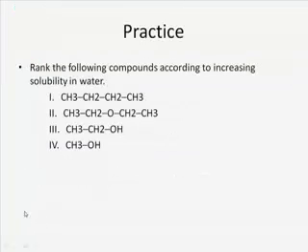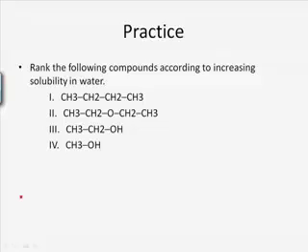Okay, so here would be a type of problem, conceptual type problem that you might see related to this. Here we have 3 substances, and it wants us to rank them in order of their solubility in water. So let's look at these here. Okay, so here we have butane, dimethyl ether, ethanol, and methanol.